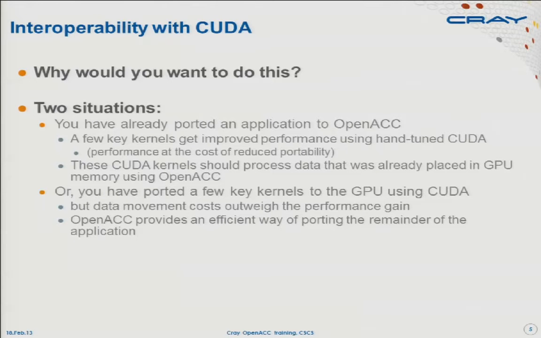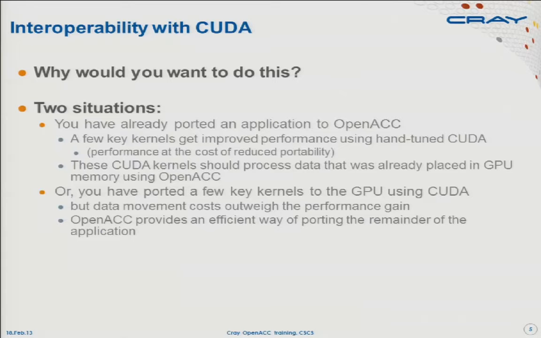Then you really want to be able to call a CUDA kernel, but you don't want to rewrite everything in CUDA just to do that. It makes sense in the same way that there are still applications where particular routines are written in assembler, because you can do it very fast that way, and you want to link that computation into the main program.